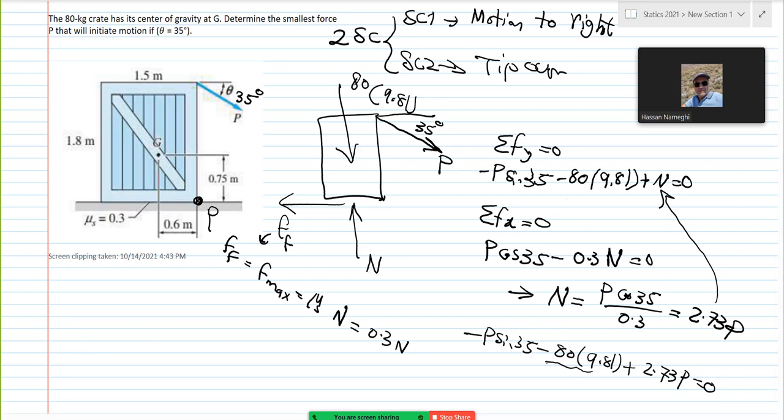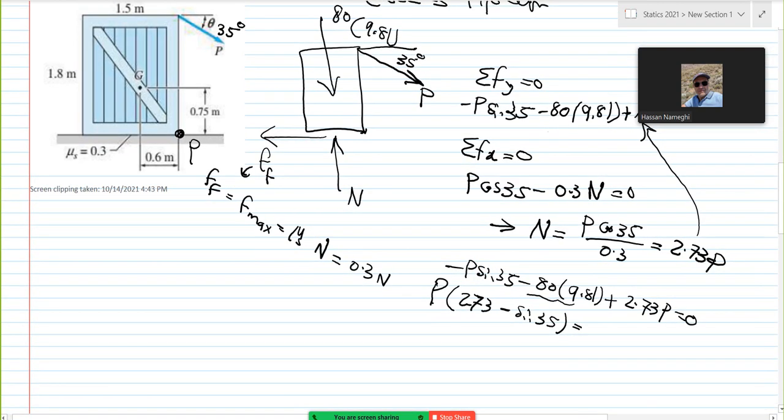You can bring this one to the other side, and on this side you're going to get P times 2.73 minus sine 35 is equal to AD times 9.81.